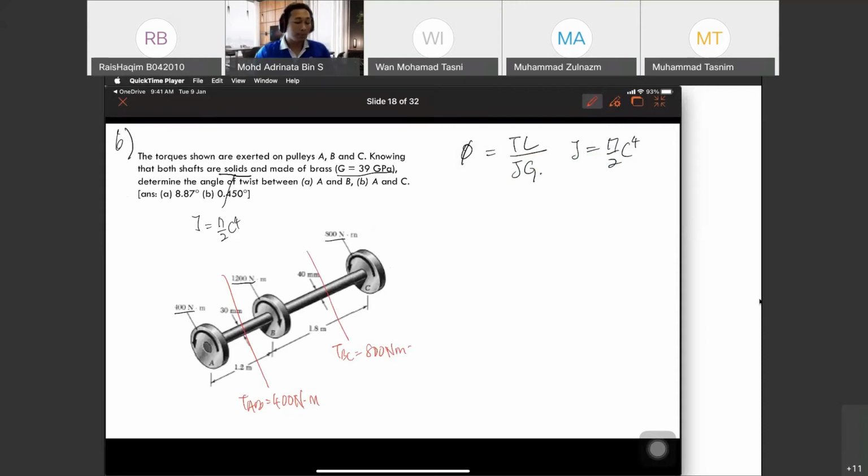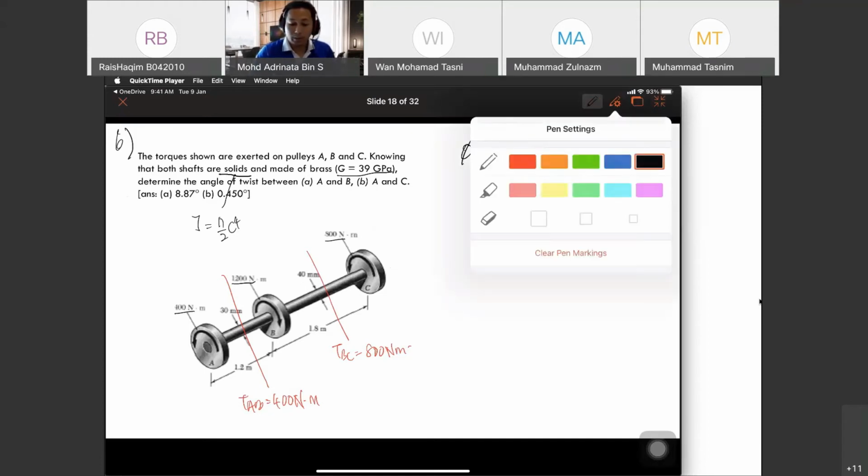So we have T, the length L, J we can calculate from C, and G is 39 gigapascal for brass. Okay, so AB.